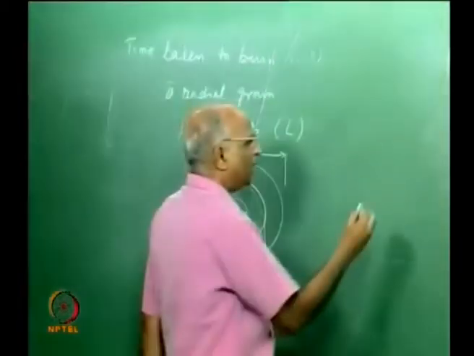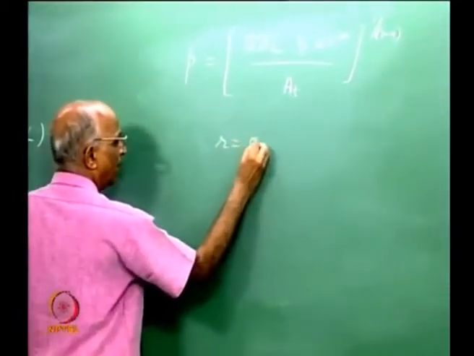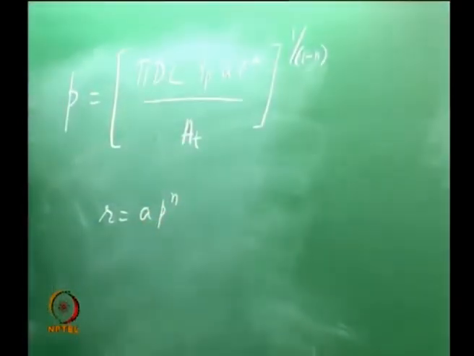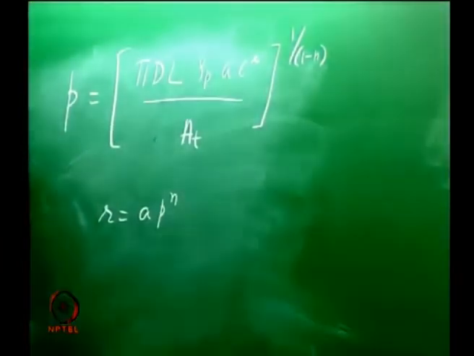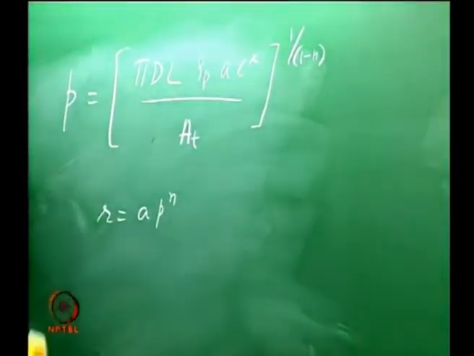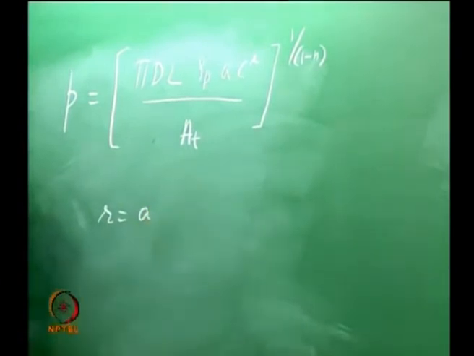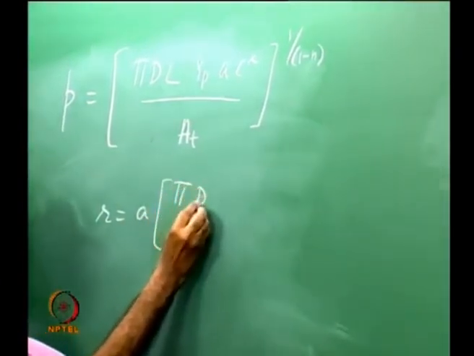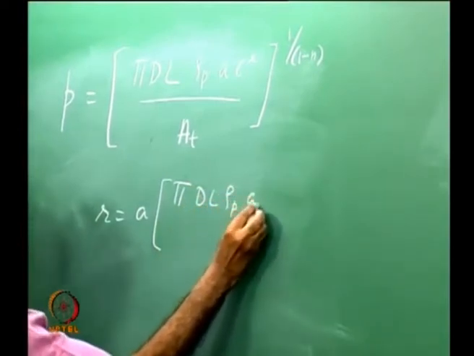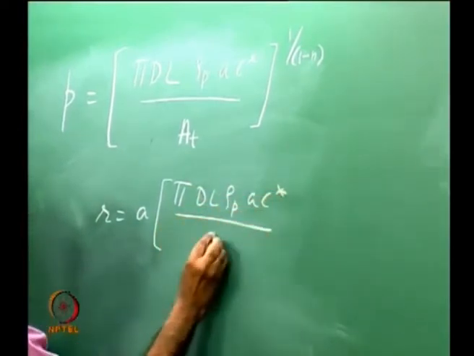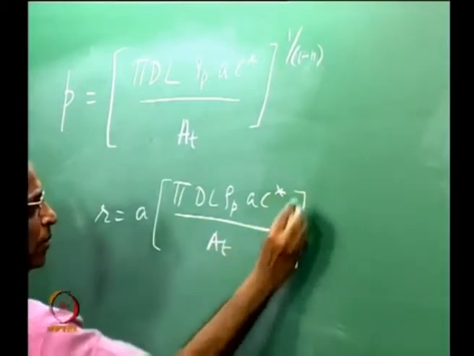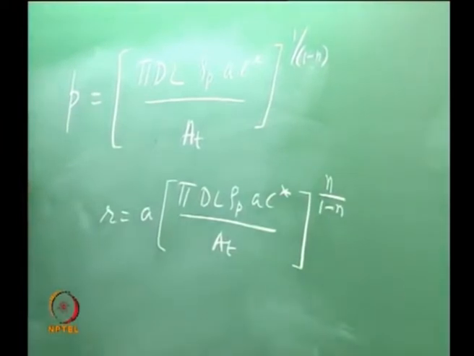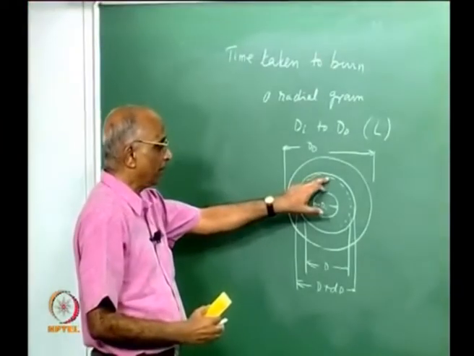Therefore, what is the burning rate? r is equal to a p to the power n. Now I substitute this value instead of p, and I get pi d L rho p a c star by AT, to the power n by 1 minus n, as the burn rate when it is here.